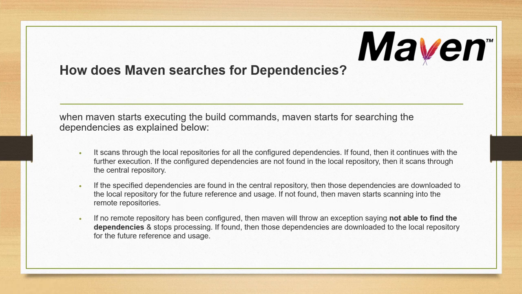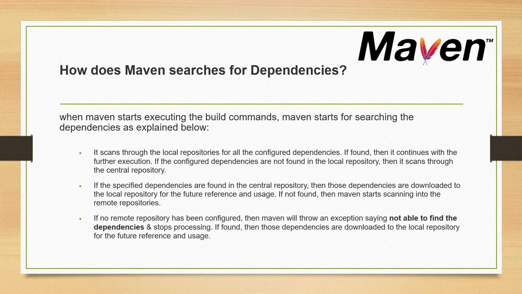Now, third step, if you have not configured a remote repository, then Maven will throw an exception saying it is not able to find the dependency and stop processing with an error, right? If found, then those dependencies are downloaded to the local repository for future reference and usage, right?